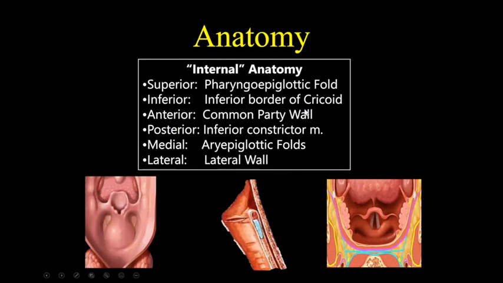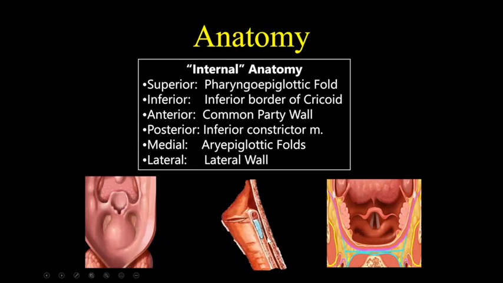The internal anatomy of the hypopharynx is defined as follows. Superiorly, the hypopharynx is defined by this little fold of tissue that goes from the pharynx to the epiglottis. This is the pharyngoepiglottic fold. The pharyngoepiglottic fold defines the entrance into the hypopharynx, which is sometimes referred to as the introitus.